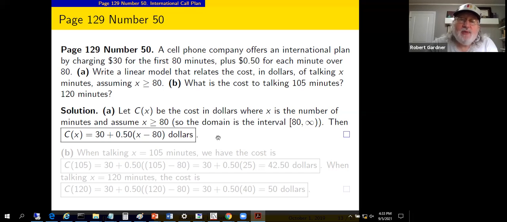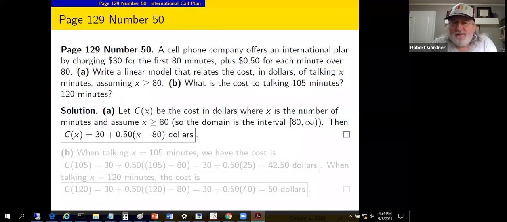Units will be dollars because it's cost. Minutes play a passing role. x is measured in terms of minutes. This cost of 50 cents is dollars per minute if we put a unit on that. And that gives us this function, which we could multiply out. I'll tell you what, let's just leave it like that.